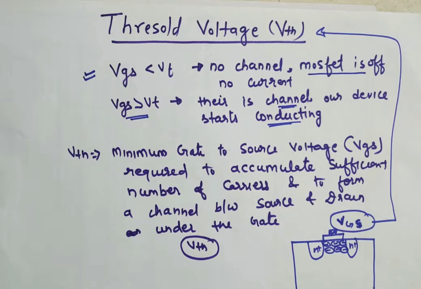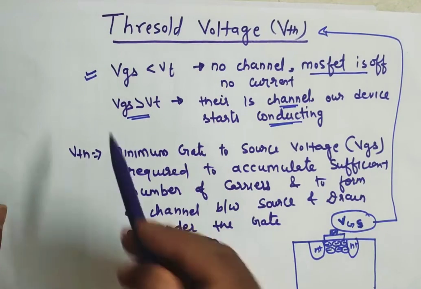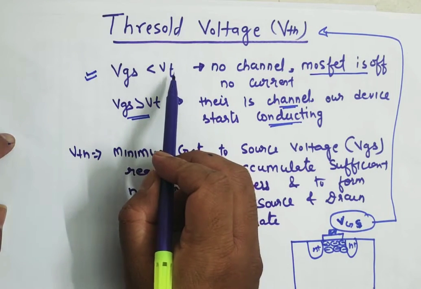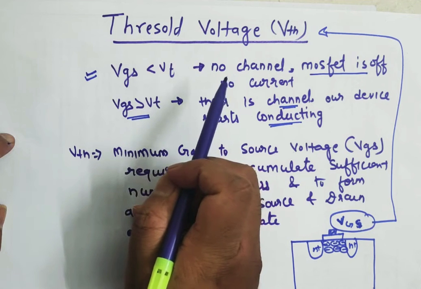As we know, before threshold voltage your MOSFET will not start conducting, or threshold is like a trigger point to start your MOSFET. So if your VGS is less than VT, then your MOSFET is off, correct?